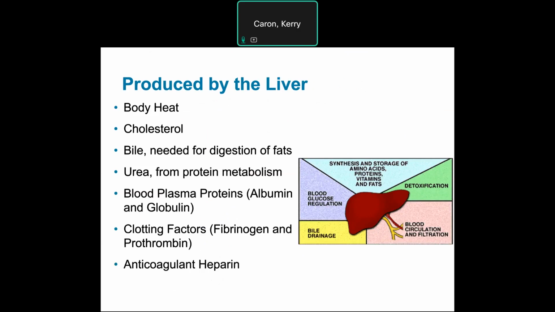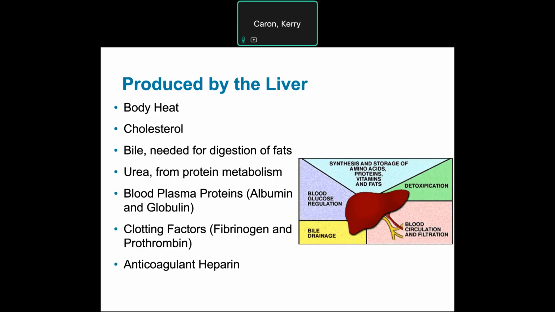Body heat gets produced by the liver, a very vascular organ. Cholesterol gets produced by the liver. Bile, we need bile for the digestion of fats. Urea is a byproduct from protein metabolism, so when we break down protein, urea is one of the results.